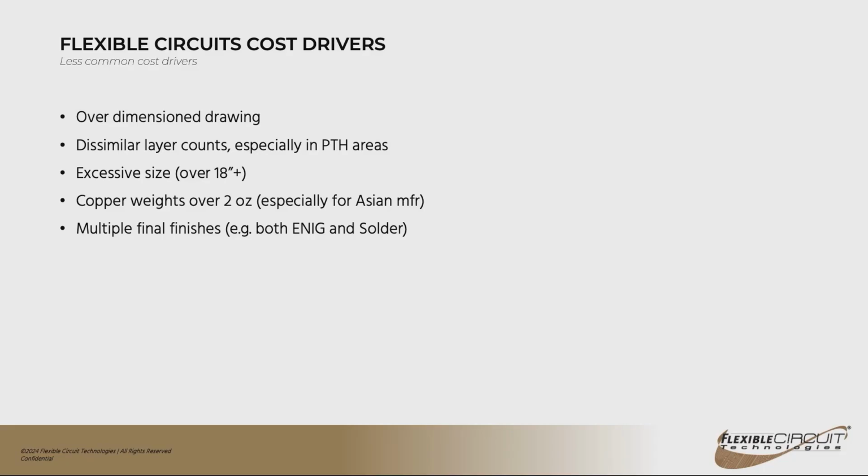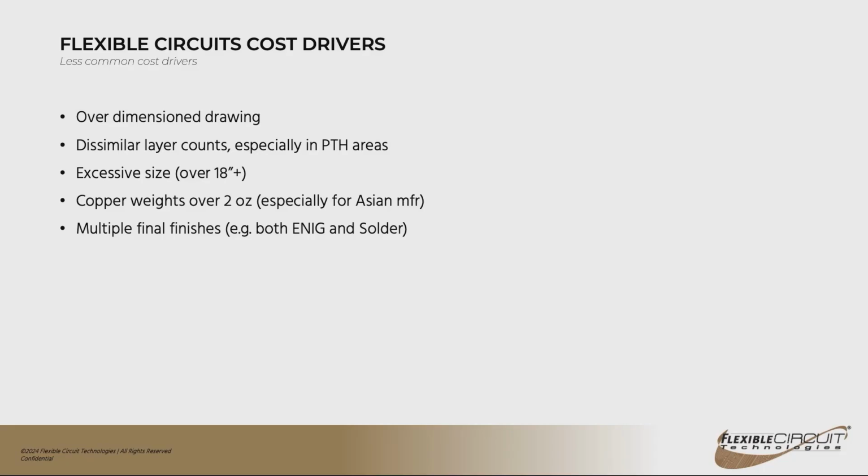Pretty much any component that you can put on a rigid PCB, you can also mount on a flex circuit. We do recommend for pretty much all components that you do have some type of a mechanical rigidizer also incorporated in.